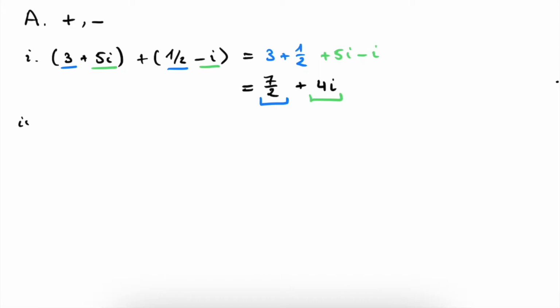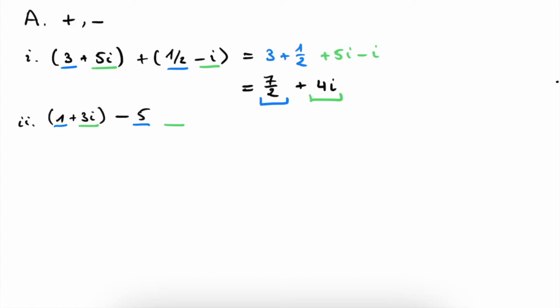Let's look at a second exercise, where we have a first complex number, which is 1 plus 3i, and we subtract from this 5. Now we see that we have the real parts being 1 and 5, and the imaginary parts being 3i and here simply 0, because 5 can be seen as a special type of complex number without an imaginary part.